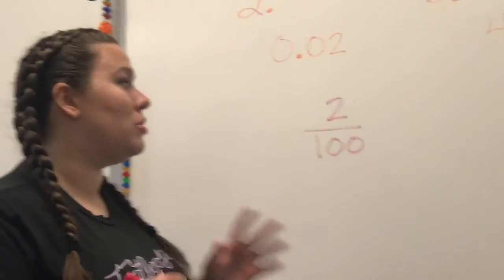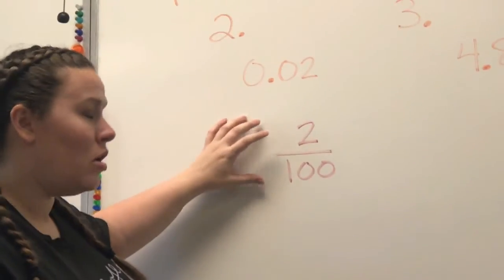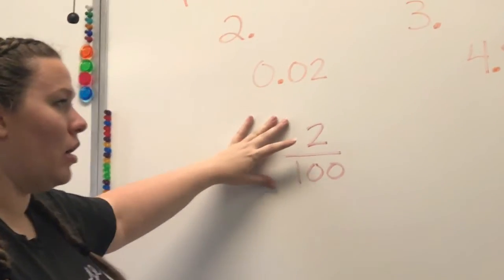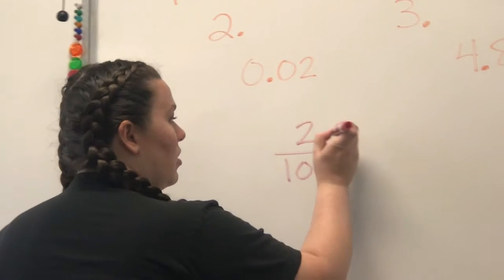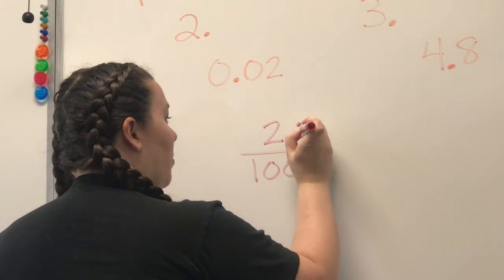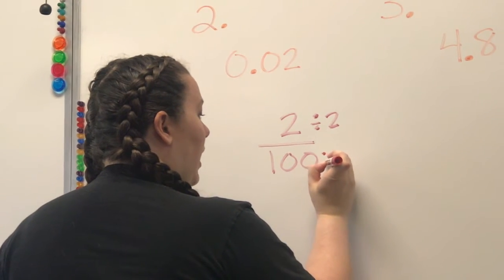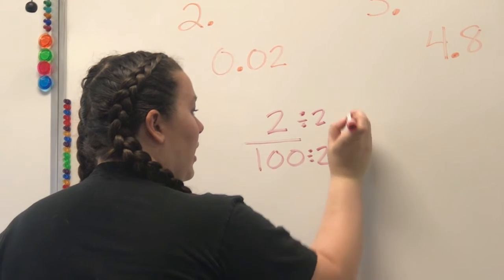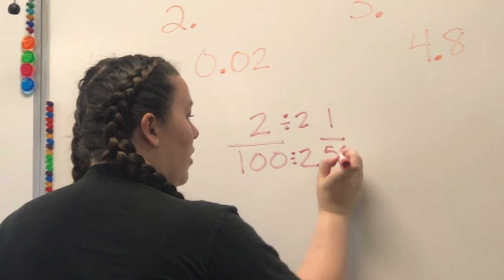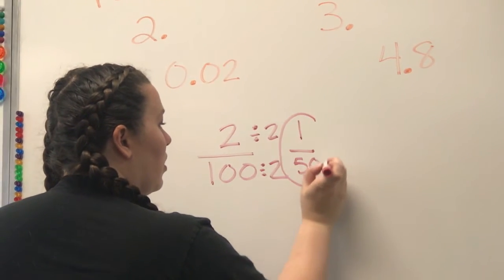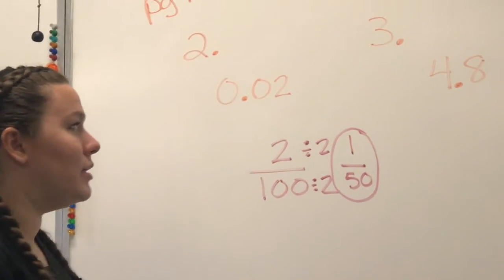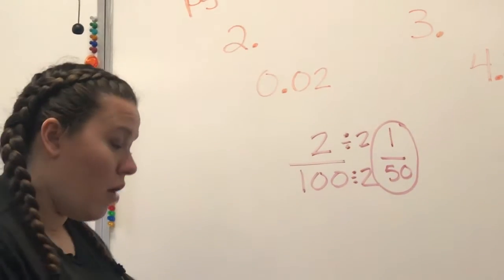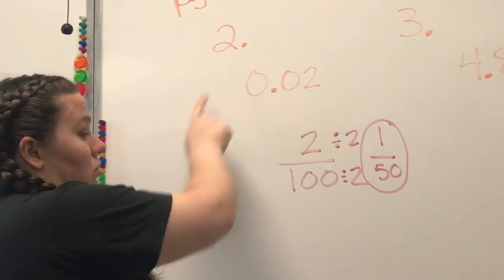What factor do these 2 things have in common? I know that both of these are even, so I can divide by 2, divide by 2, and I get 1/50. This is the correct answer, the simplified version for number 2.